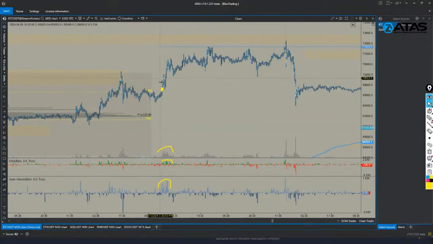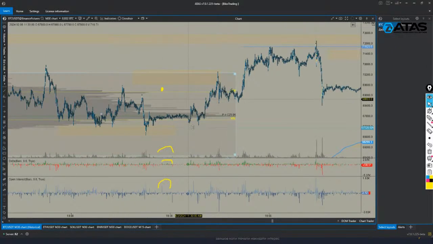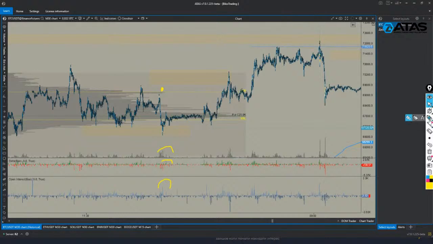This means for me a breakout from value, because in most cases a breakout from value happens after price reaches that value the first time. In most cases, the first time would be a trap, and if they come and try to break out a second time, in that case the breakout would be real.